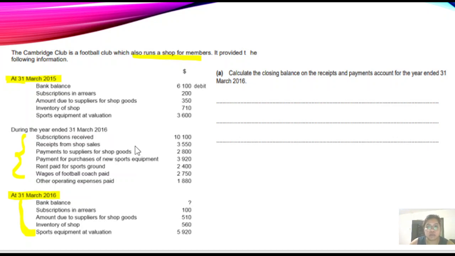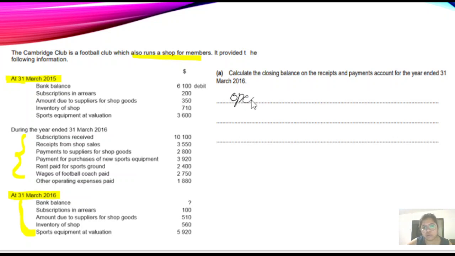So what is this question? They ask you to calculate the closing balance of the receipt and payment account. So for that, it is clear how you're going to calculate it.